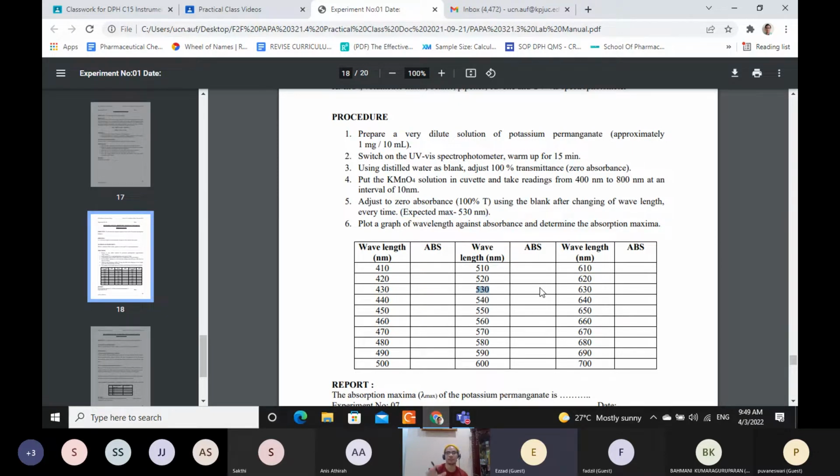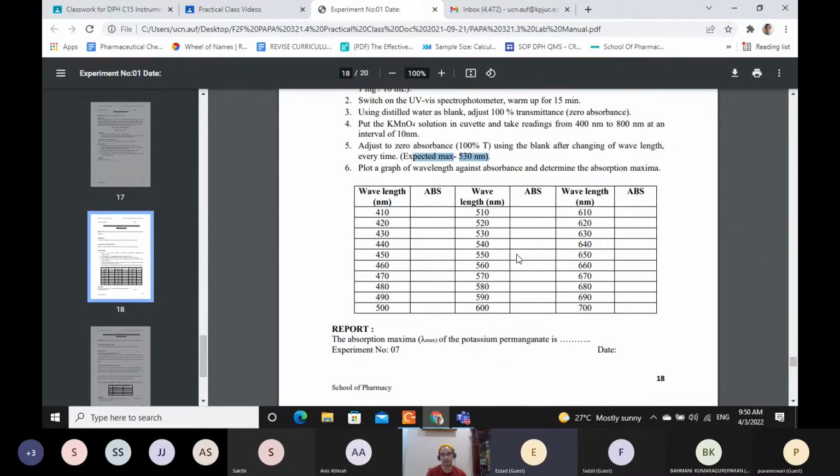Meaning kita expect potassium permanganate untuk serap radiation paling banyak dekat wavelength 530. So kalau bacaan kita dapat itu betul, concur with our expectation. So that means betul lah that sample yang kita prepare, yang kita test tu adalah potassium permanganate. Tak banyak impurity ataupun tak ada impurity.